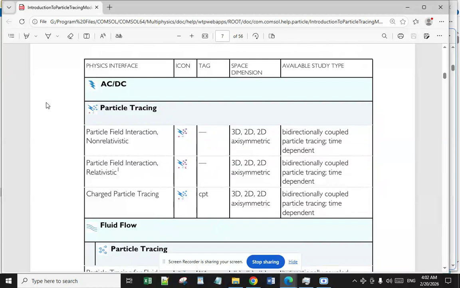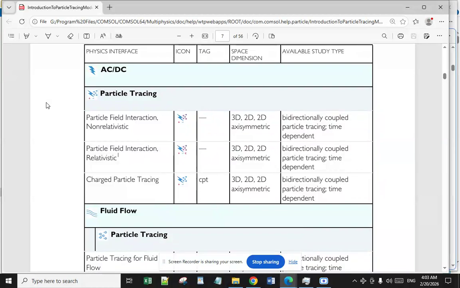And the available study types are bidirectionally coupled particle tracing and time dependent. For the physics interface Particle Field Interaction, relativistic, the dimensions are two-dimensional axisymmetric, two-dimensional, and three-dimensional, with bidirectionally coupled particle tracing and time dependent studies.